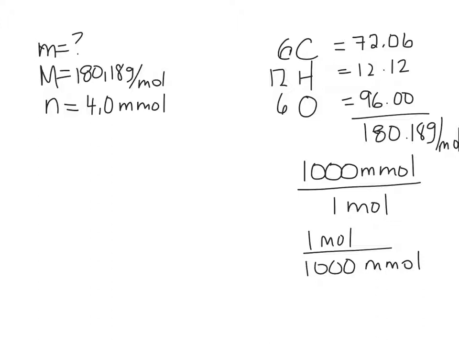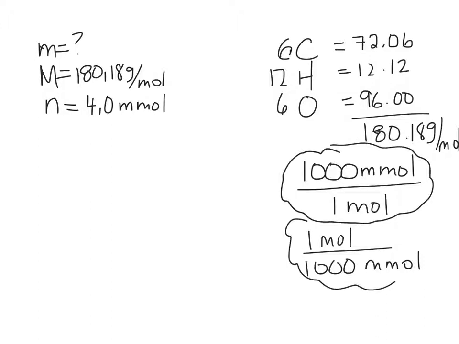Now, I want to get rid of millimoles and I want to keep moles. So in order for millimole to cancel, it has to be on the bottom when I use my conversion ratio. Here's 1, here's the other, which one of these has millimoles on the bottom?